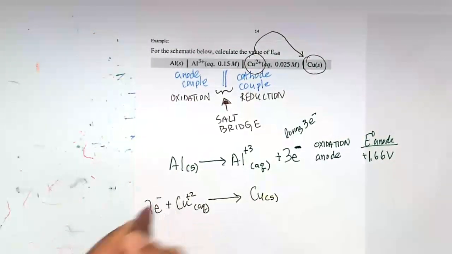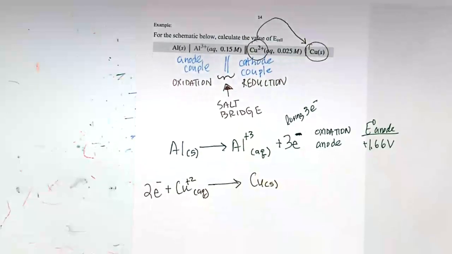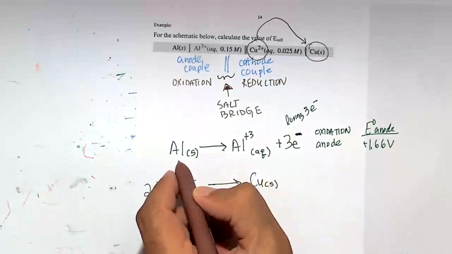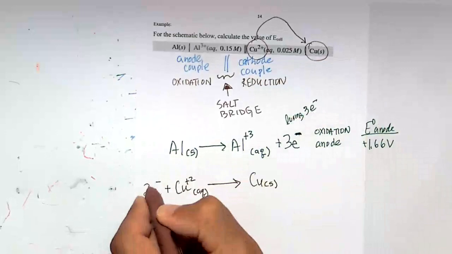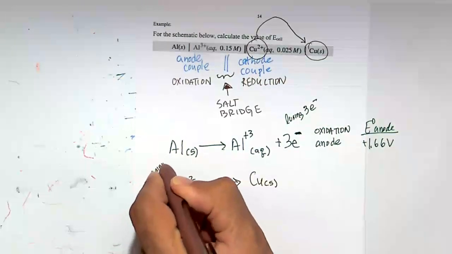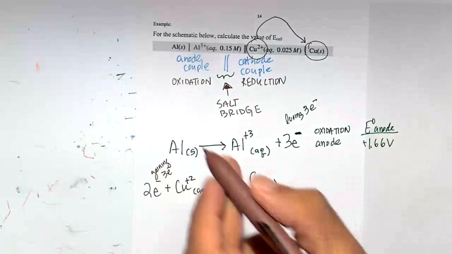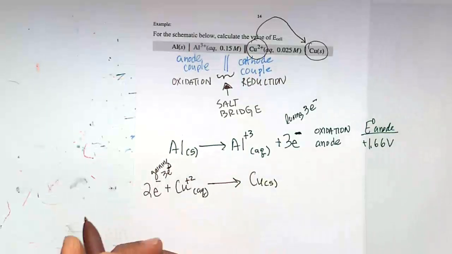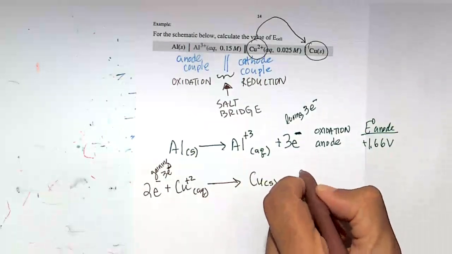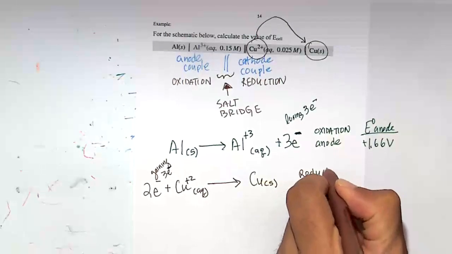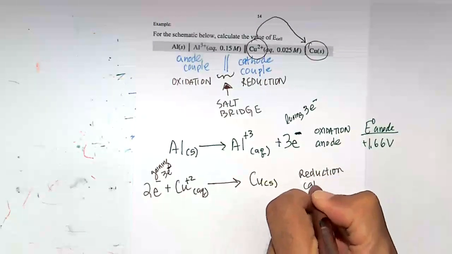Let's put 2 electrons on the reactant side. So here we gain 2 electrons. Here we're losing 3 electrons. Here we're gaining 3 electrons. And this is reduction. Reduction occurs at the cathode.